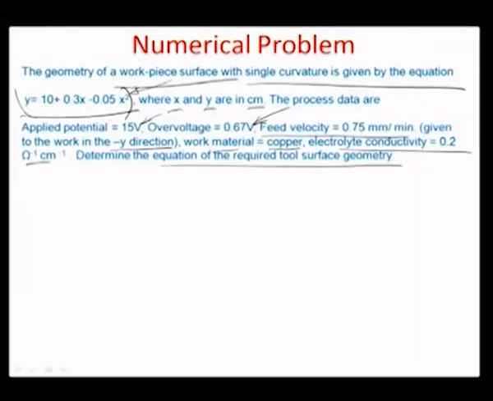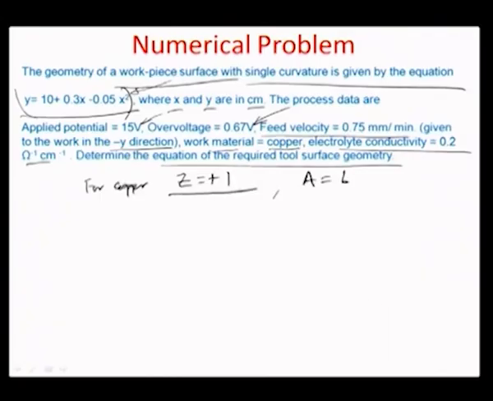You have already defined the single curvature by this quadratic equation, and for copper we assume, let us say, a monovalent state, so we are assuming Z to be plus 1.